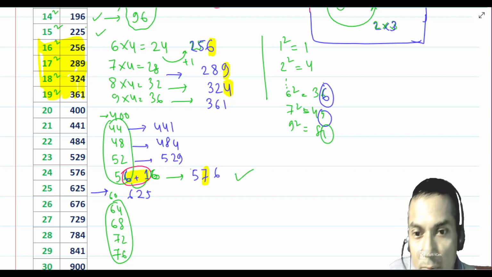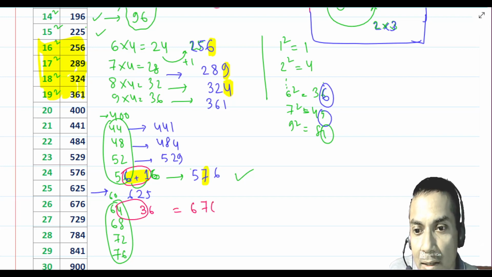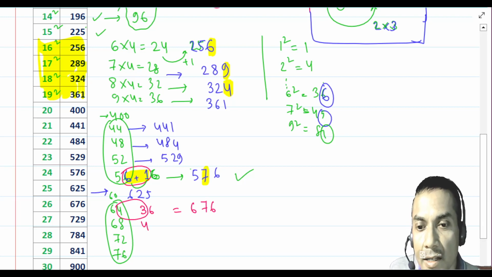It is applicable because in all these cases, if we square the unit value, you get a 2-digit number. So what value do we get here? 6 square is 36. So you have to add 3 to 64, so 6, 7, 6. Here we get 7 square 49.